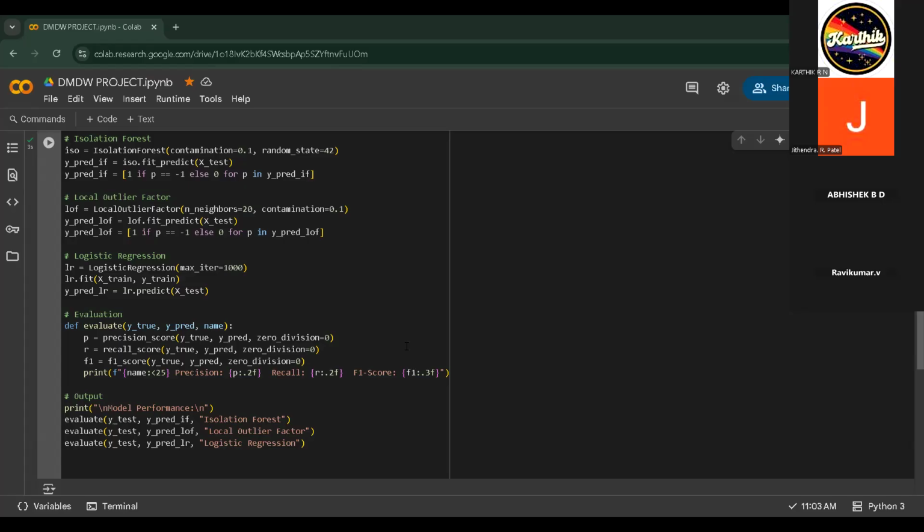And next, print, which is used for printing the precision, recall, and F1 score. Precision means how many predicted frauds were actually fraud, and recall means how many actual frauds were correctly identified. F1 score is the harmonic mean of precision and recall.